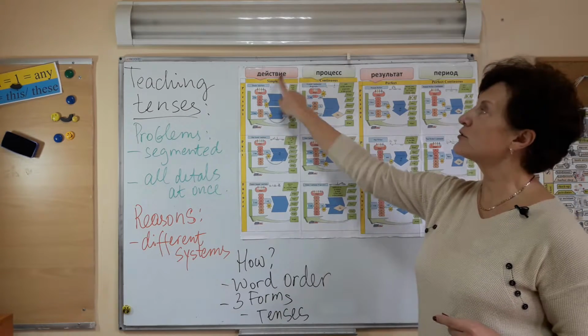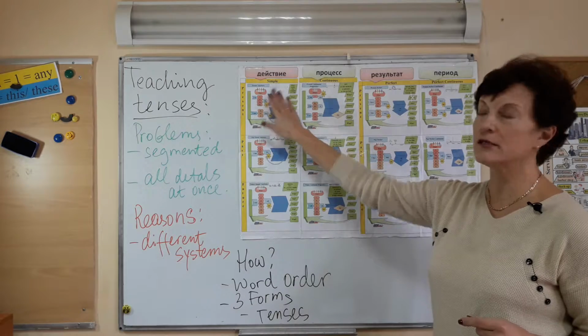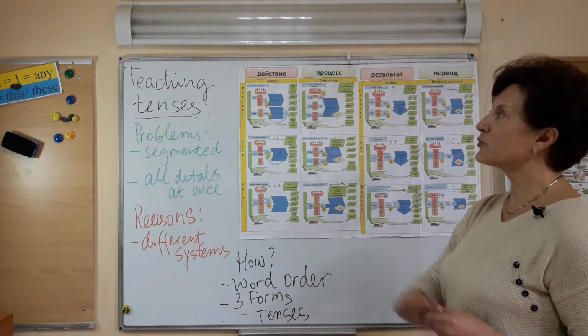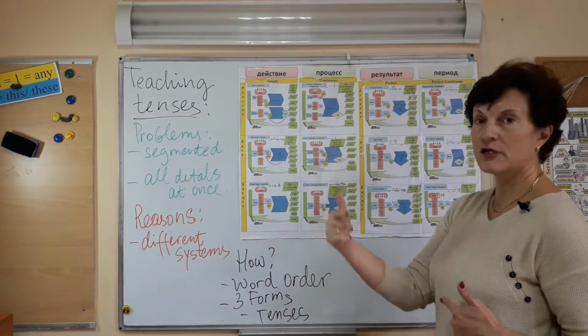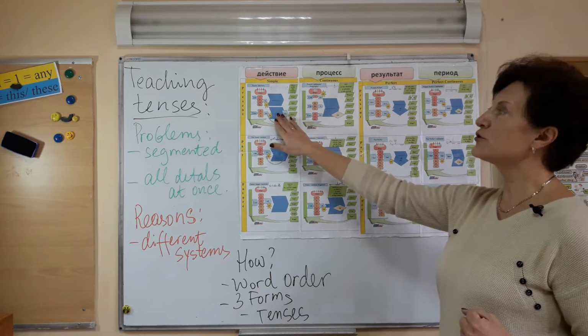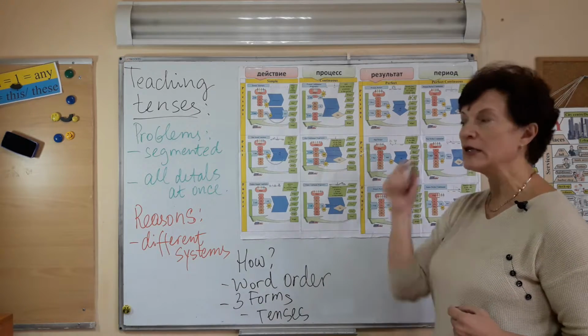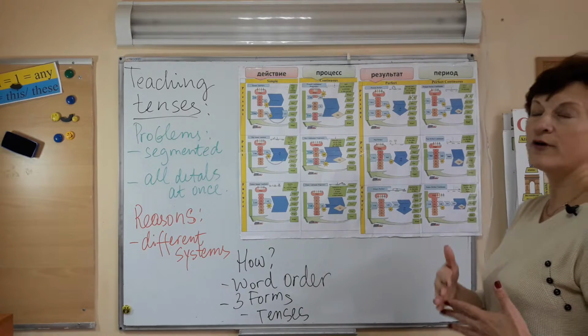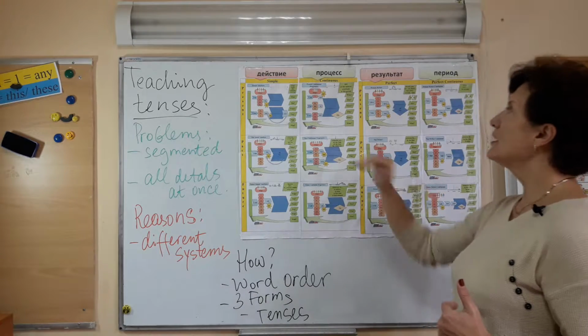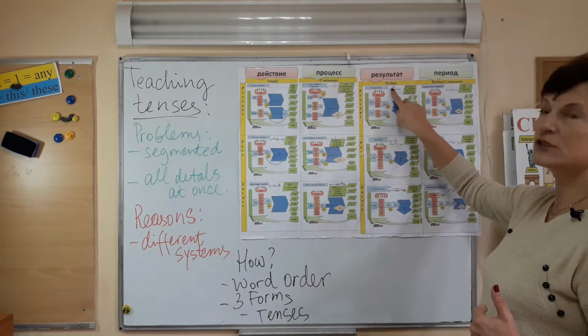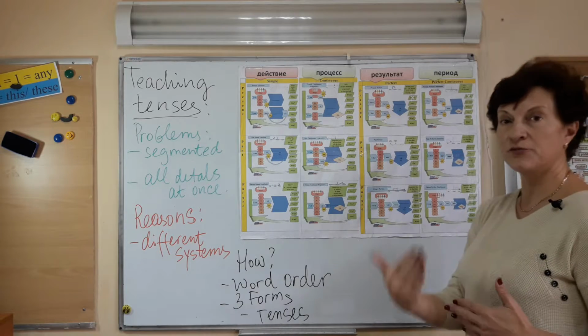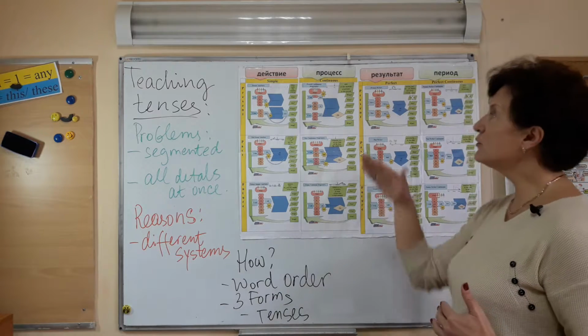What we try to explain at once is the difference between doing something longer as a process or doing something as an activity. And also what we find really rewarding is to talk about something that happened before something.